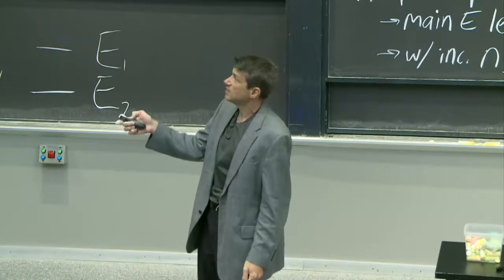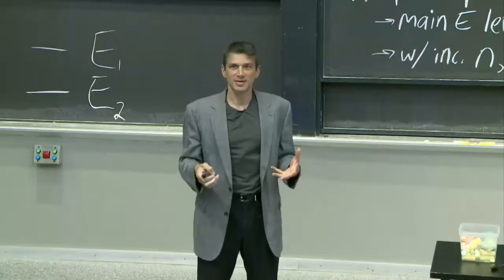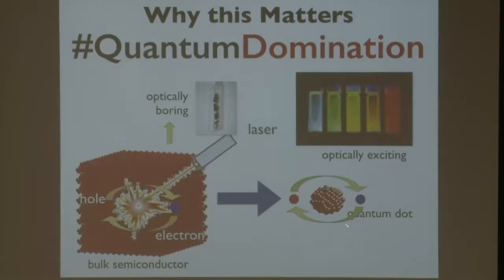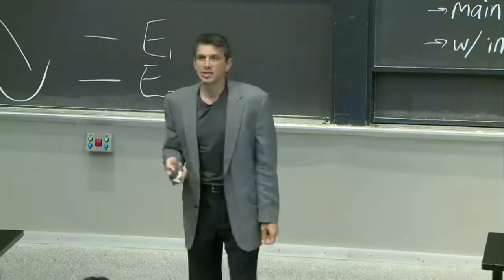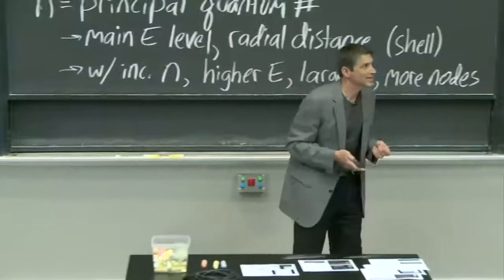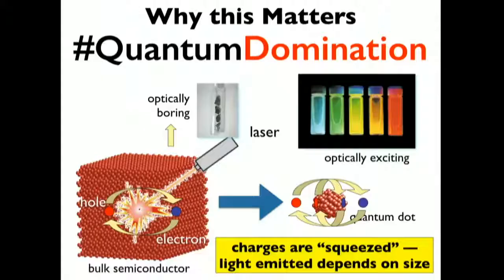But if I try to do the same thing there, that's how far they want to be, and they can't be. They literally ran out of real estate. They ran out of atoms. They cannot be out here because there's no stuff out here, so they get squeezed. I am squeezing these quantum mechanical objects, this electron and this hole, and by squeezing them, I'm changing the way they interact with light. I'm changing the color.